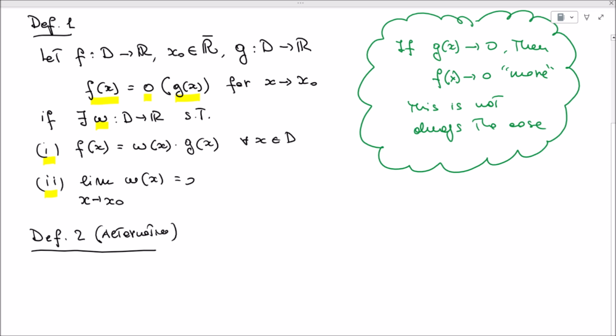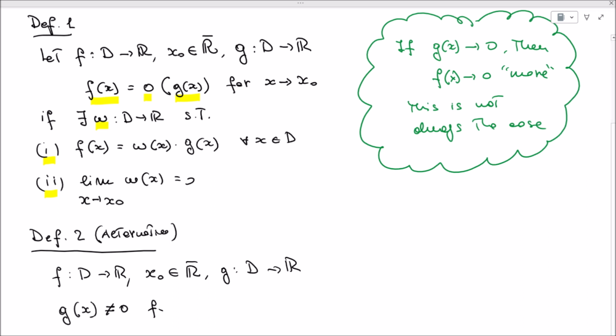Now, again, we have f defined in D with values in R, x naught an element of the extended real line, g defined in D with values in R. But now there is another condition that we need to have. g of x will be different from 0 for all the x that belong to D except the point x naught.